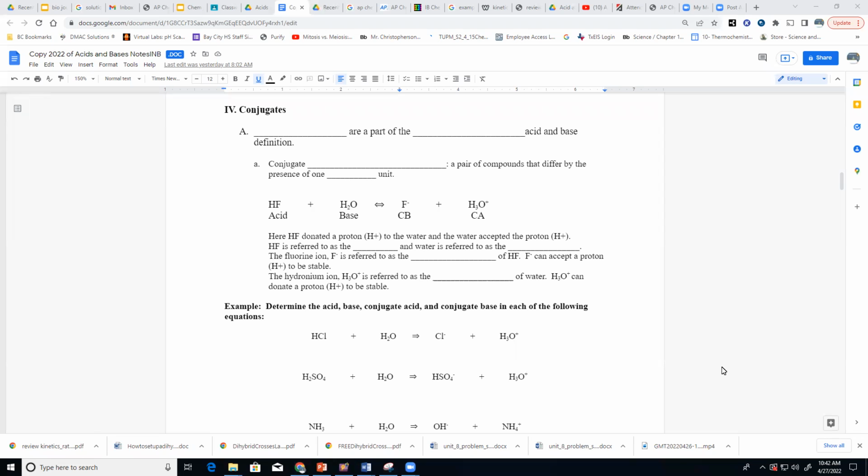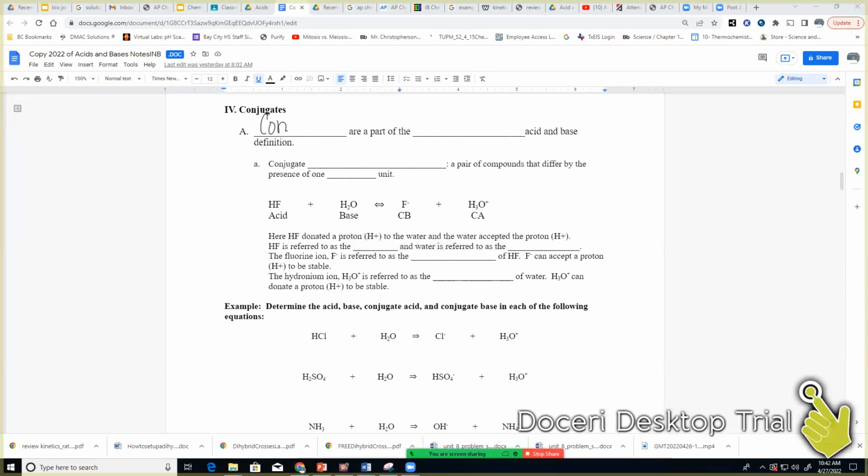All right, conjugates, which went with one of our definitions of acids and bases from yesterday. So conjugates are part of the Bronsted-Lowry definition of acids and bases.